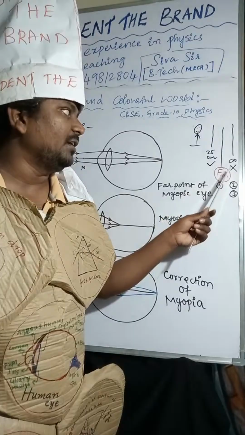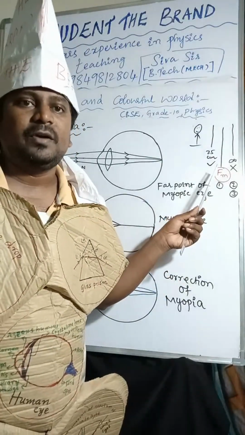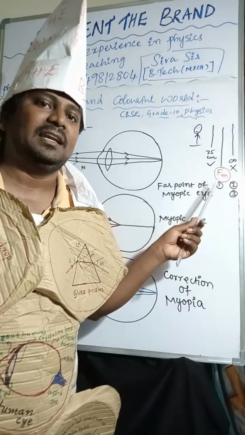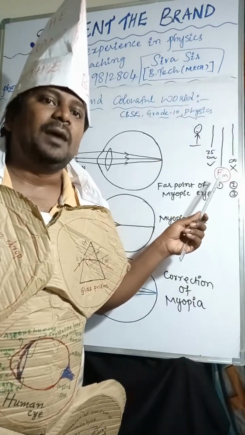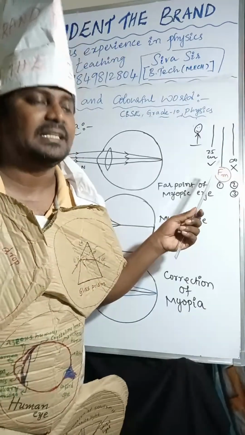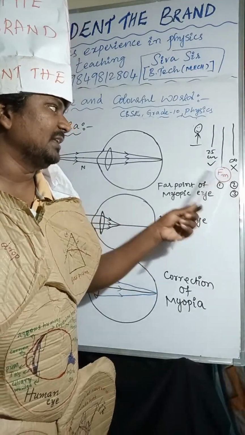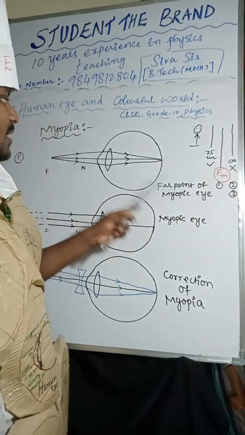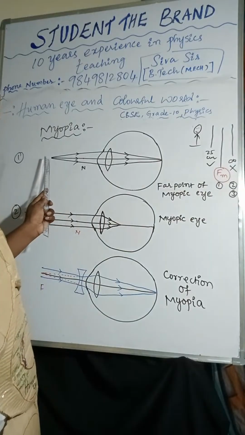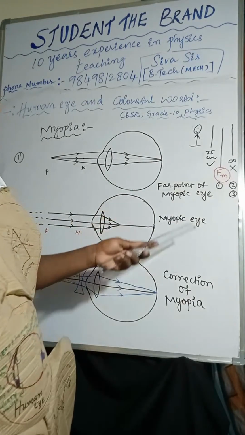So the far point of a myopic person is less than infinity. From this point he can see. So that is the first point, the far point of the myopic eye. If the light rays are coming from this point, the image will form at the retina, so we can see the object.